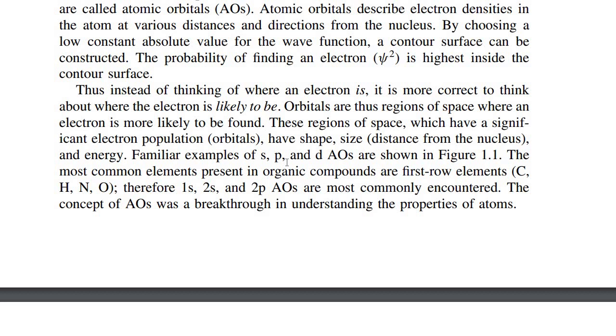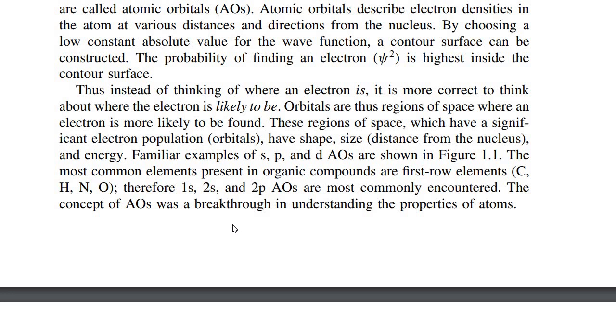So, familiar examples are s, p and d orbitals, which I have already shown you. The most common elements present in organic compounds are carbon, hydrogen and nitrogen. Therefore, 1s, 2s and 2p orbitals are most commonly encountered.